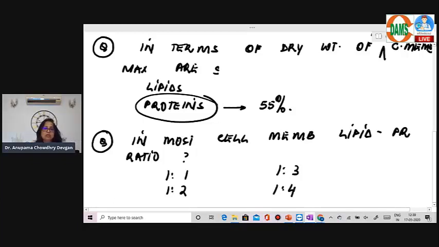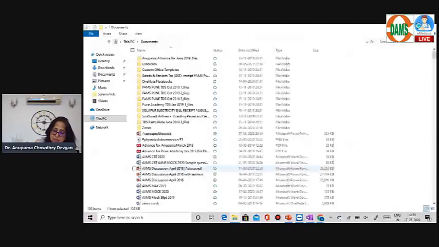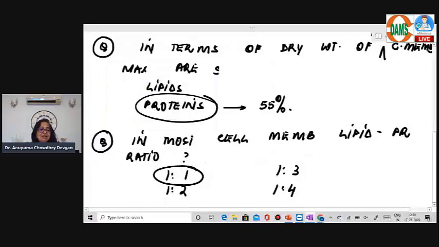In most cell membranes, what is going to be the lipid protein ratio? If you're asked about the ratio, you must say 1:1. Right? You must say 1:1, even though proteins are higher than lipids, at 55%. But the ratio is approximately 1:1. For a 1:2 ratio, the proteins have to be double the amount of lipids. In that case, lipids have to be 33% and proteins have to be 66%. Right? But in most cell membranes, the lipid protein ratio would be 1:1.